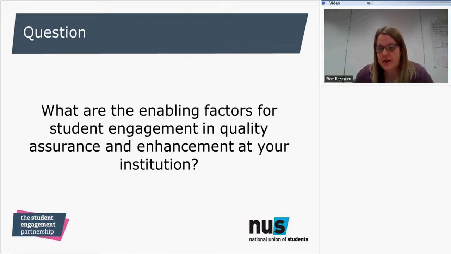So Damien wants students to be provided. Damien, are you including staff in that as well? So sort of senior staff, academic staff.